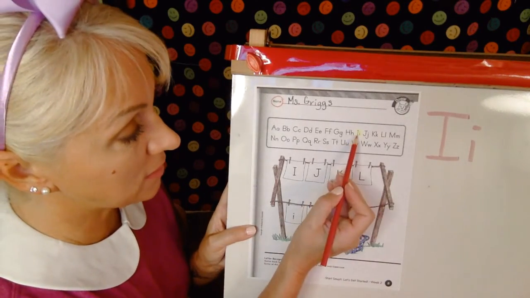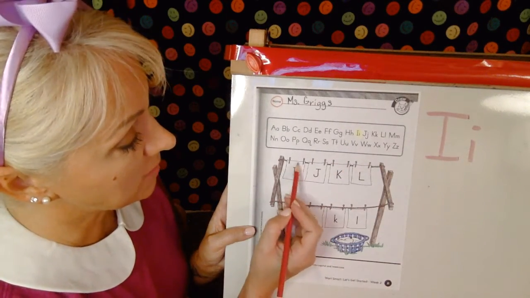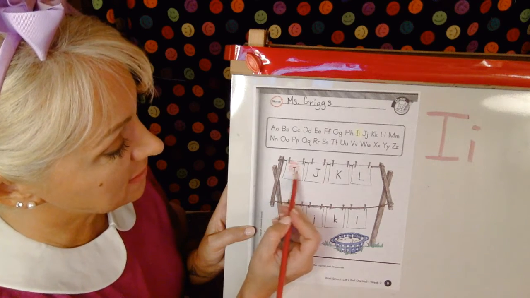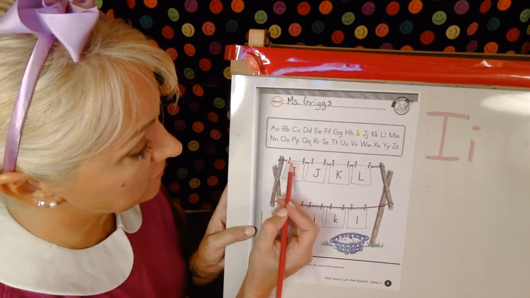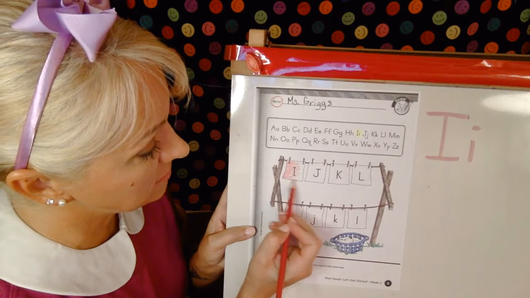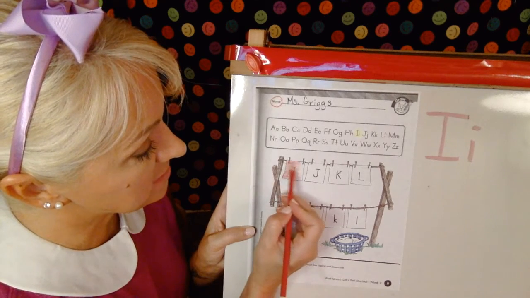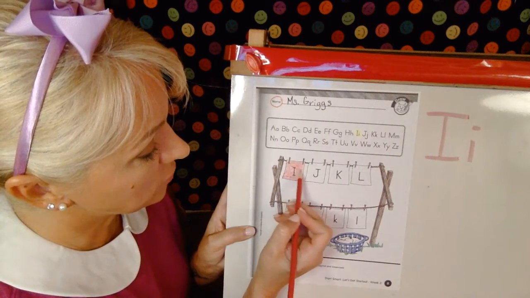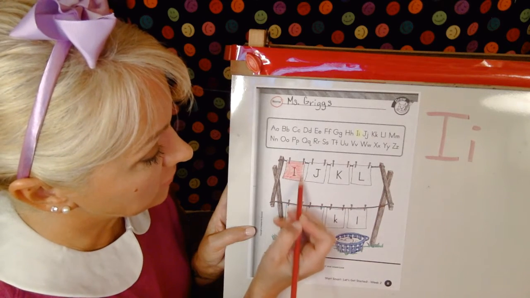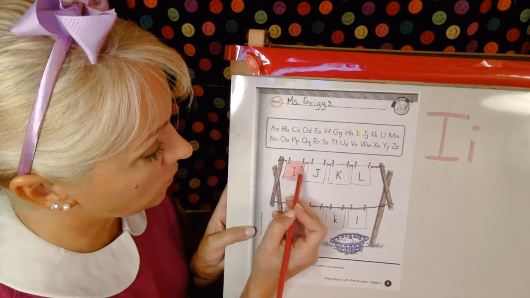I'm going to color capital I very carefully, just like I did the other times. Try to stay in your flag the best that you can with your red crayon, but color in the whole flag. Don't leave any white for me.